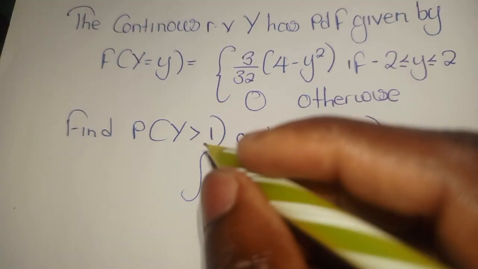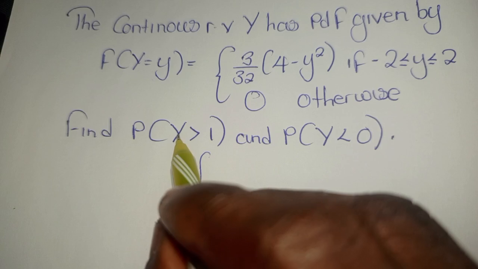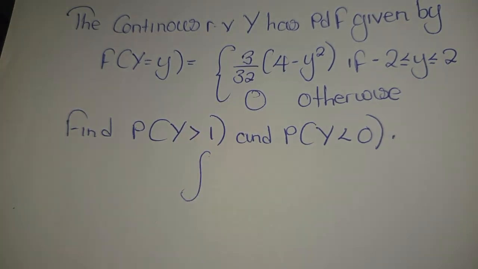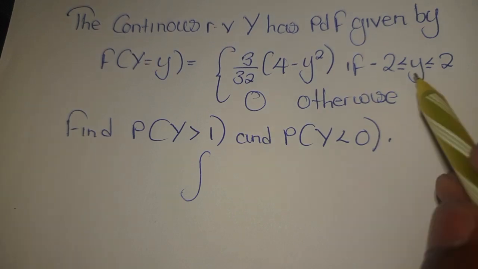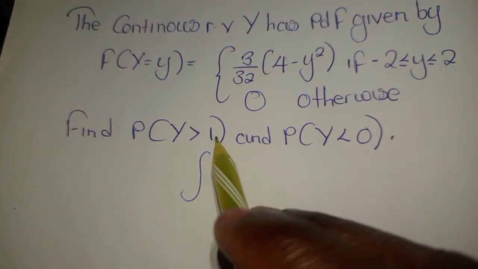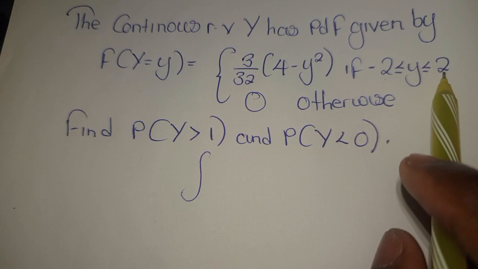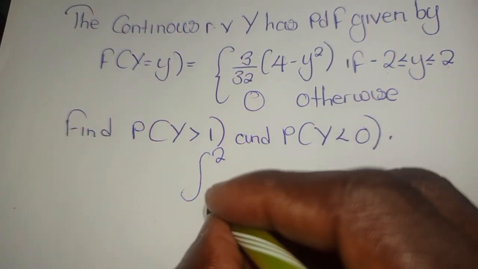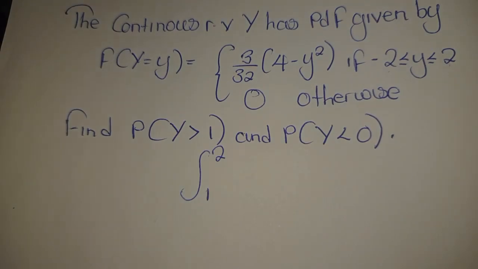So remember, they want the probability from 1 all the way to, we don't know, but they have given us a limit, so it can only move from 1 up to 2.